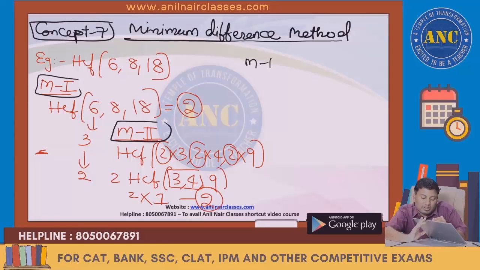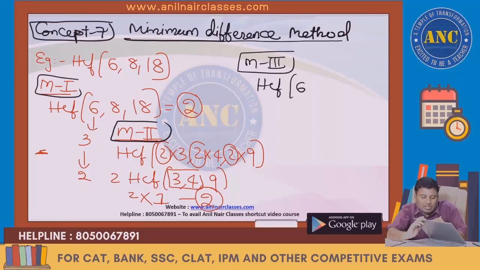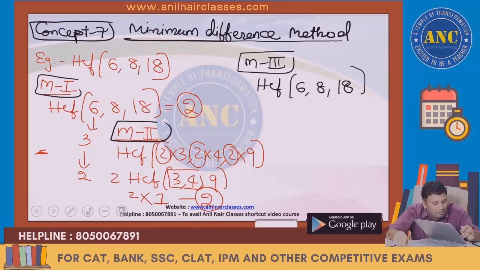Minimum difference method. This is extremely useful when we are solving some good problems, sir. Method number 3: HCF of 6, 8 and 18. What is the minimum difference between the numbers? 6 and 8, it is 2. 6 and 18, it is 12. 8 and 18, it is 10.